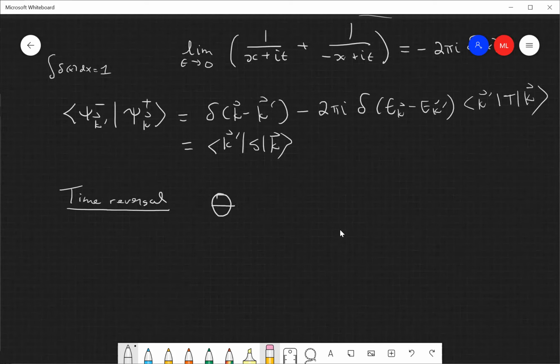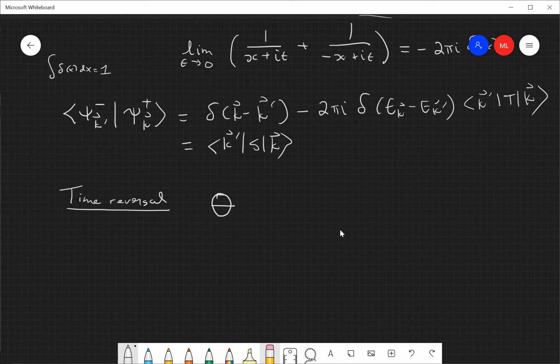Remember that things like rotations and parity, any kind of symmetry transformation like that in quantum mechanics, is normally associated with a unitary operator. But in the case of time reversal, the operator actually has to be anti-unitary.